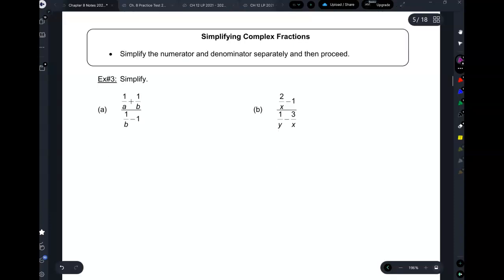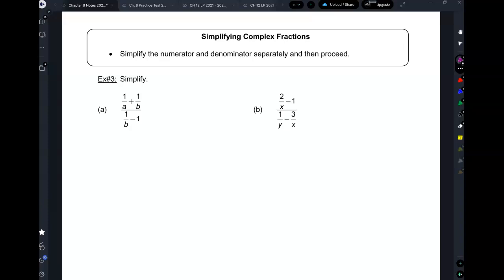Okay, so complex fractions. Remember, this is when you've got a fraction within a fraction, right? There are lots of different ways to do this, and I want you to be comfortable with both of them.